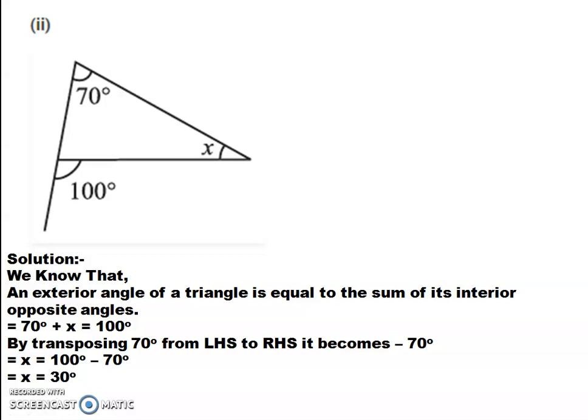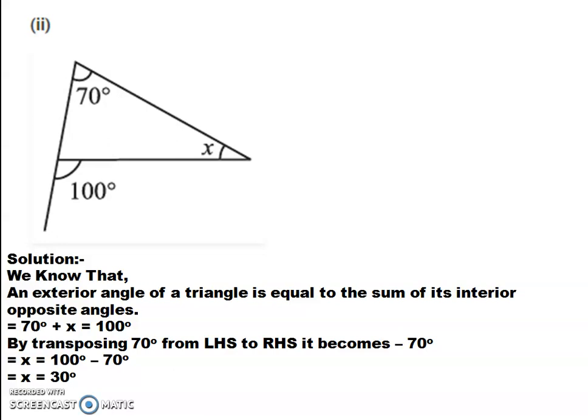So in this session we discussed an exterior angle of a triangle and its property. What is the exterior angle property? The exterior angle of a triangle is equal to the sum of its interior opposite angles. We came across two types of problems.